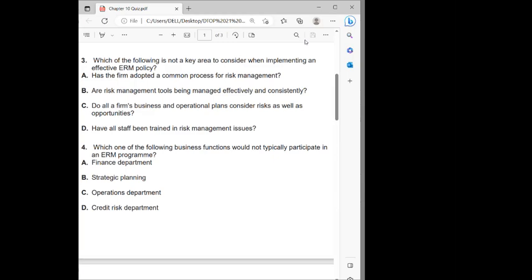Whether or not the staff is ready, whether they are trained or not, you have to define your risk policy. And if there's a training issue, you must address it separately or you need to outsource. That's a different one. But you should not define the risk policy based on the staff training.